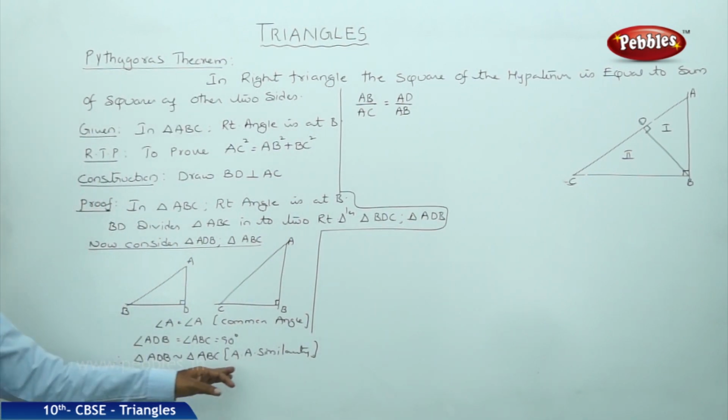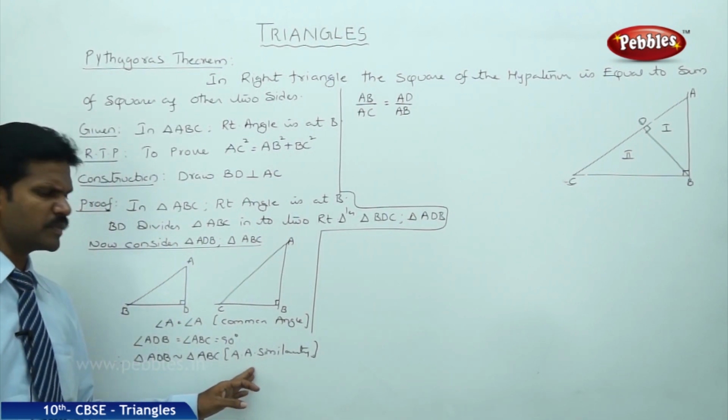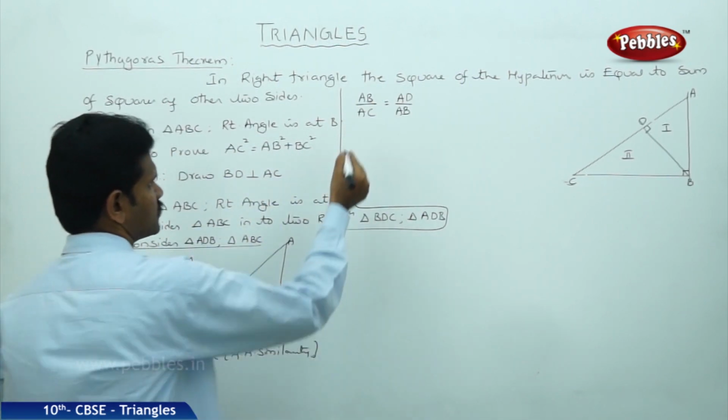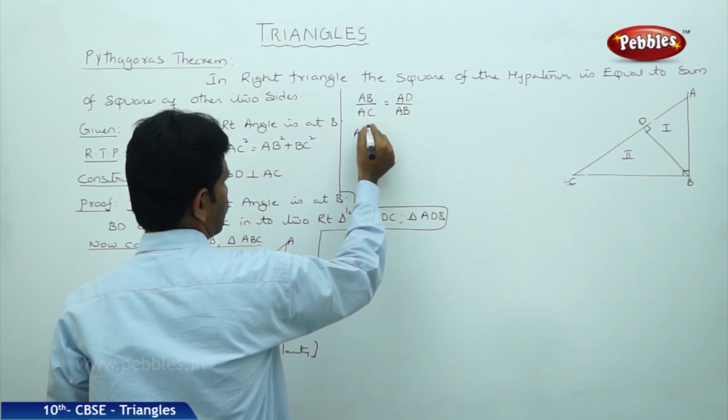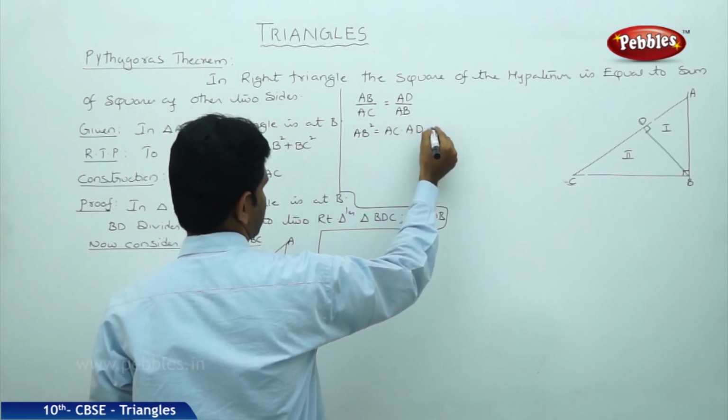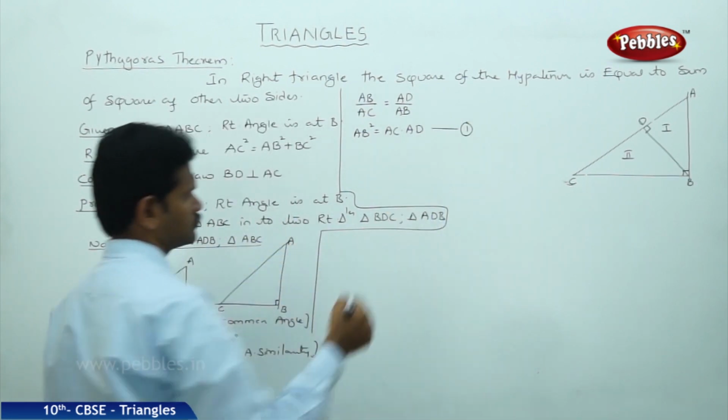Since these two triangles are similar, in similar triangles corresponding sides are proportional. That is, AB square is equal to AC into AD. This is equation 1.